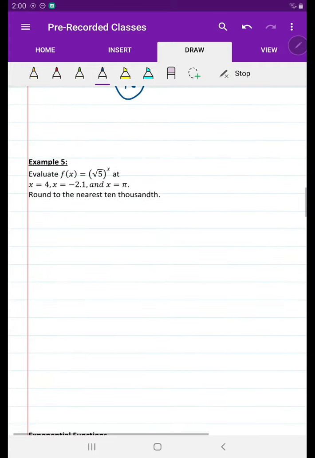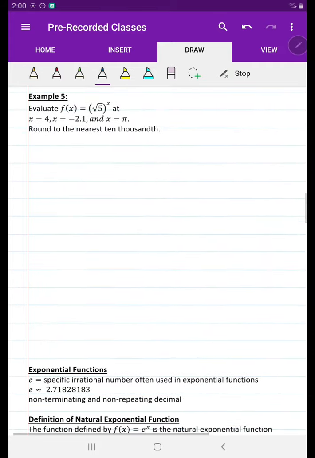All right, going on to example 5. So we'll have f of 4 is going to be the square root of 5 raised to the 4th. And so that'll be something that we'll plug into our calculator.